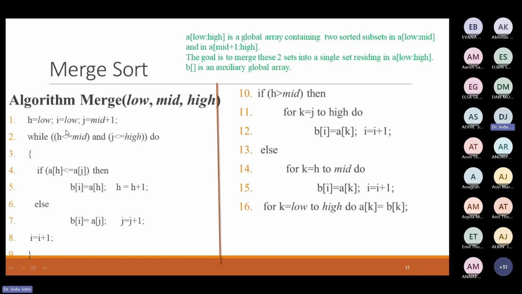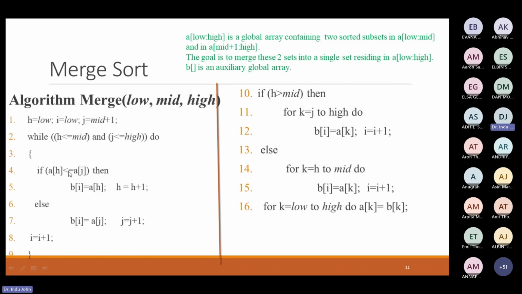The first part is: while h is less than or equal to mid and j is less than or equal to high. Basically you are comparing the elements in these subarrays one by one. First you take the first element from the left half and compare it with the first element in the right half.